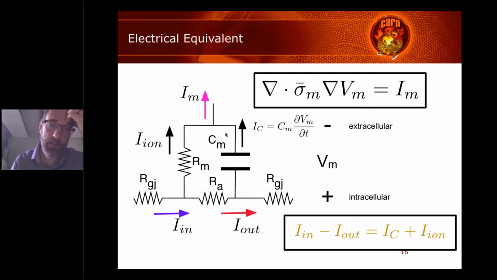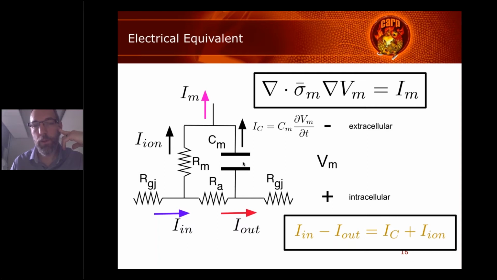And there's a voltage across the capacitor, of course. And then there's a current which flows out of the membrane, IM, which is the net current flowing out of the membrane. If we balance it in the bulk representation, I in minus I out has to be IM.